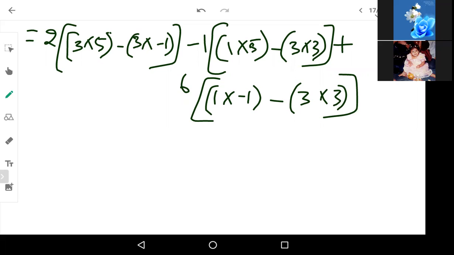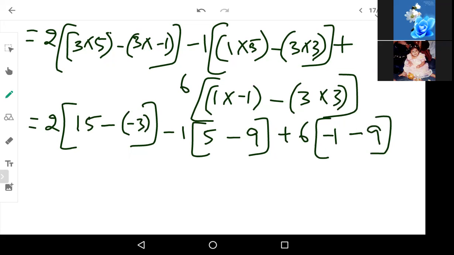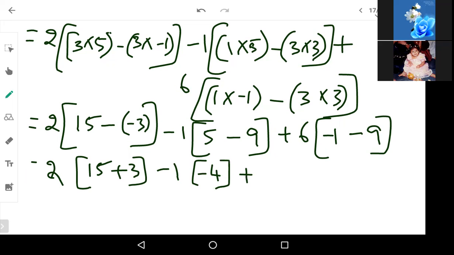Okay. 2 into 3 5s are 15 minus 3 into minus 1 is minus 3, minus 1 into 5 minus 3 3s are 9, plus 6 into 1 into minus 1 is minus 1 minus 3 3s are 9. So 2 into 15 minus of minus 3 is plus 3, minus 1 into 5 minus 9 is minus 4, plus 6 into minus 1 minus 9 is minus 10.